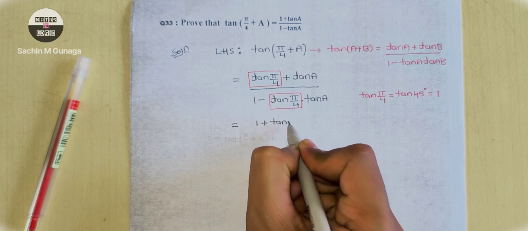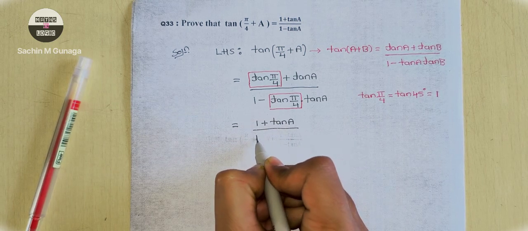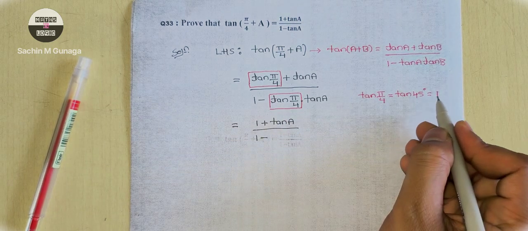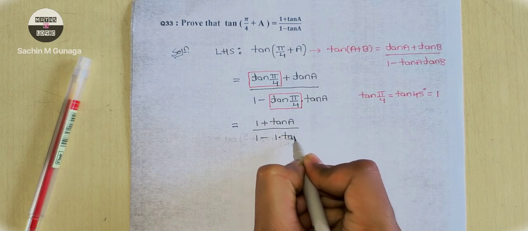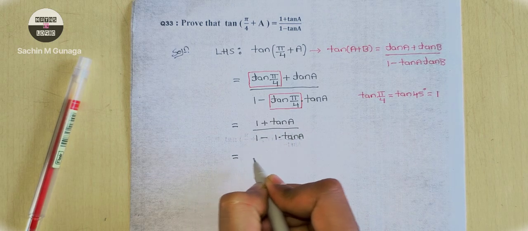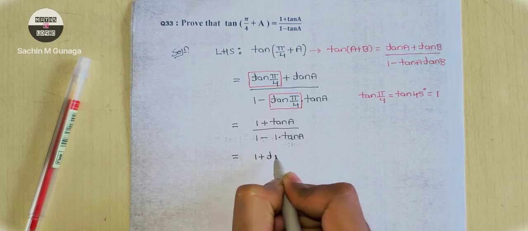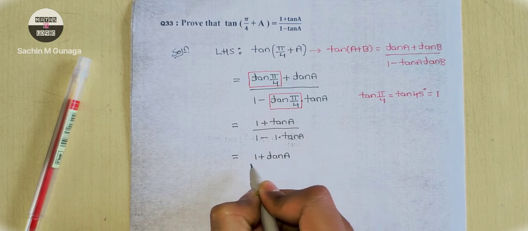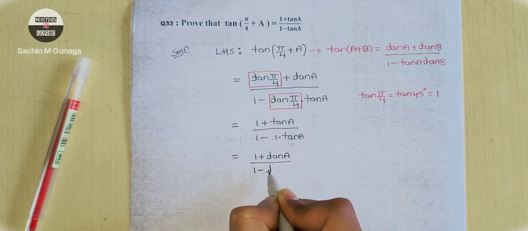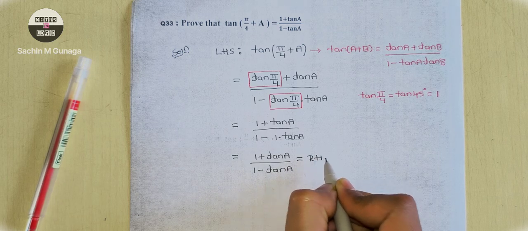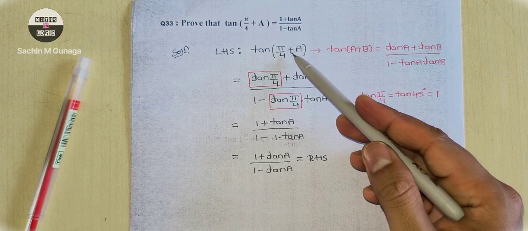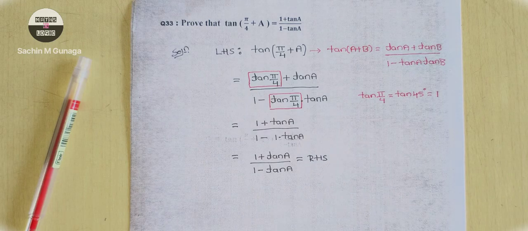Tan a divided by 1 minus this tan pi by 4 goes to 1 into the remaining value, tan a. Therefore the final answer is 1 plus tan a divided by 1 minus tan a. So which is equals to RHS. So LHS is equals to RHS.